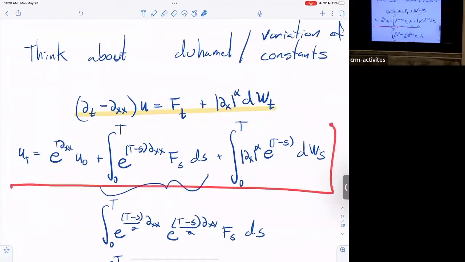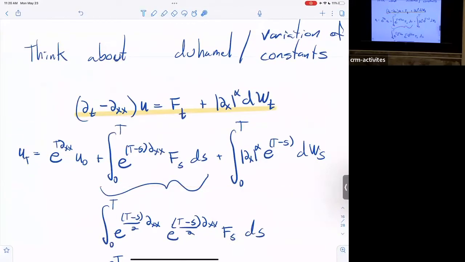In fact, I've written out the solution, the variation of constants, right? If you're a PDE person, this is the mild formulation. Here's my stochastic convolution. Here's my nonlinearity, where I'm just thinking of f as (dx u)^2 for a second. But I'm going to think about it just abstractly for a second, okay?